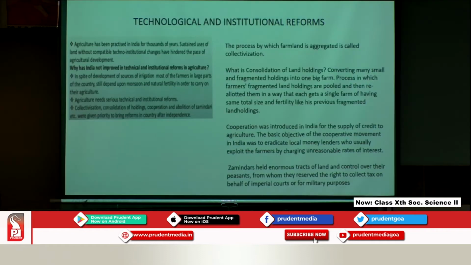Agriculture has been practiced in India for thousands of years. Sustained use of land without compatible techno-institutional changes has hindered the pace of agricultural development.